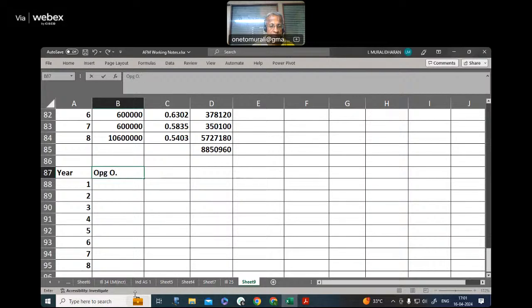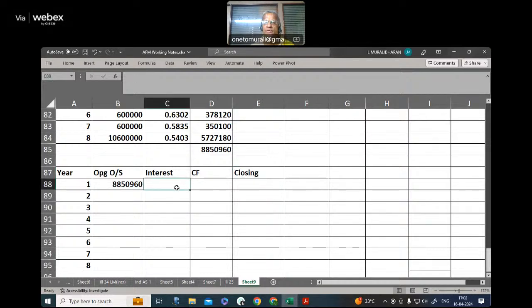Opening outstanding, interest, cash flow, and closing.